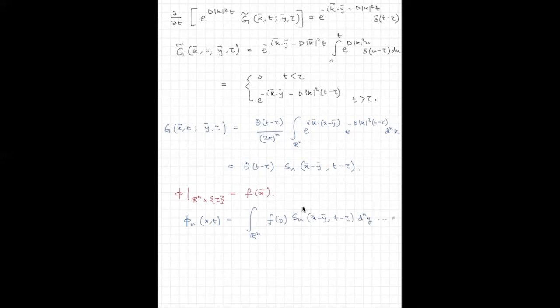Let's call this equation A. The initial data f(x) at t equal to tau has been propagated by using the fundamental solution for a time t minus tau to a time t. So you have the initial data, you propagate it, and you can then just write it in this way.